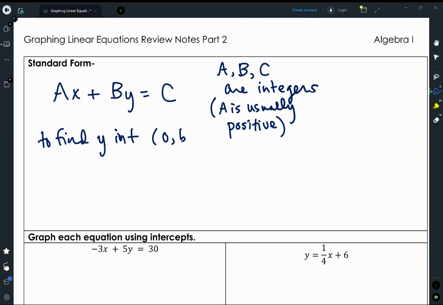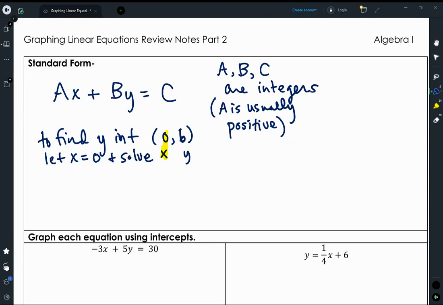Think about how the x is the first coordinate in an ordered pair, and the b would correspond to the y. What we really want to key in on is that my x is 0 every time I have a y-intercept. And so to find a y-intercept, I could let x equal 0 and solve.